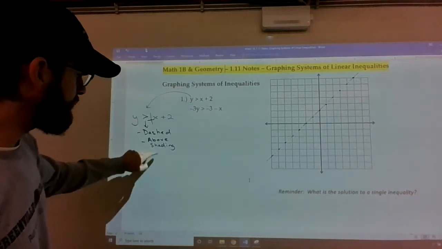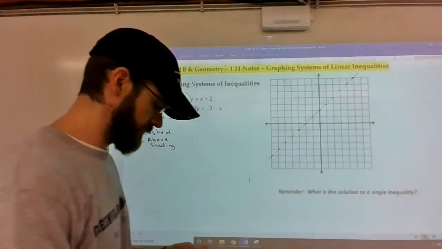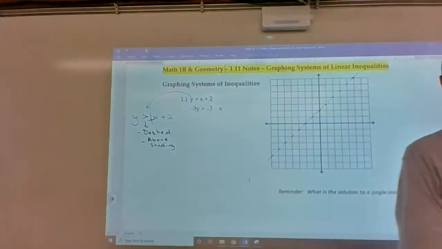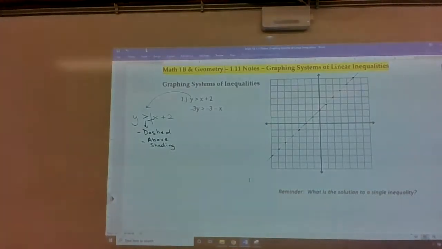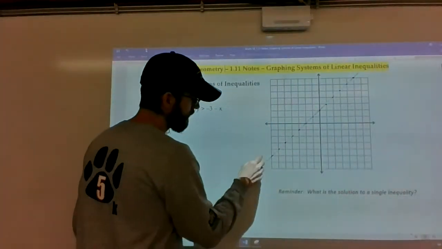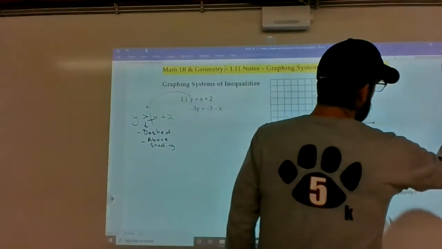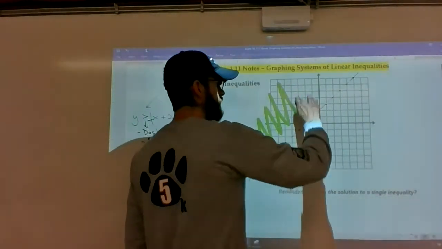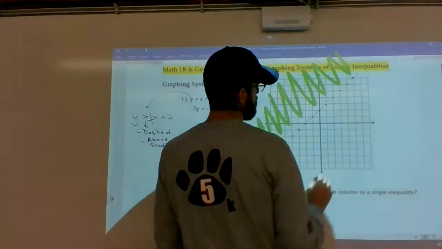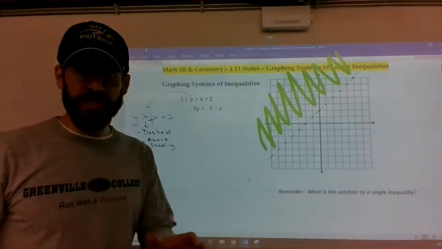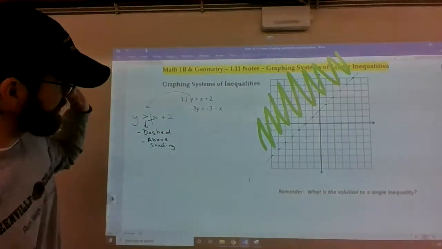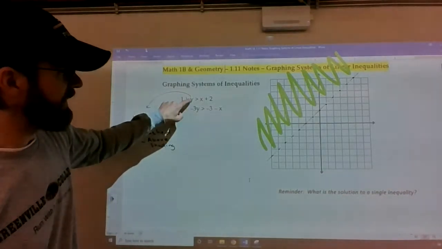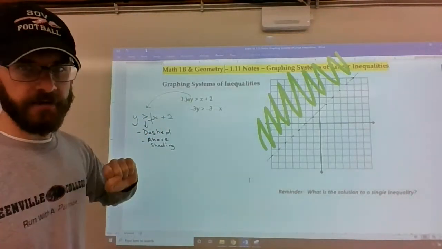This greater than means you shade above the line. So I'm going to go different color this time. So the green shaded region represents the solutions to that top inequality.